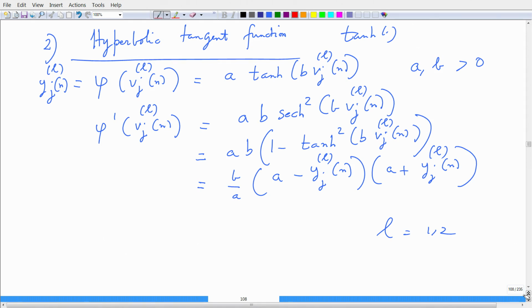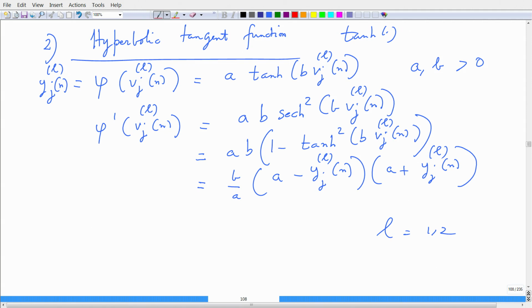Now, the activation function for the tan hyperbolic function is given by a tan h of b times vj(n). Just recall tan h is sin h upon cos h, and you can expand sin h and cos h and compute in terms of these exponentials. I think this is straightforward.